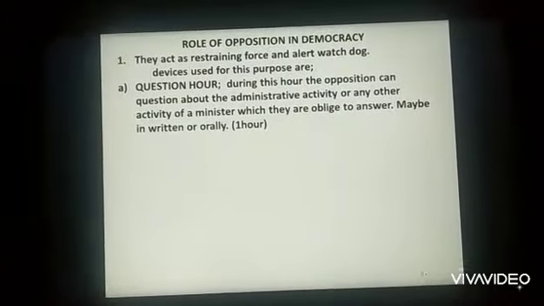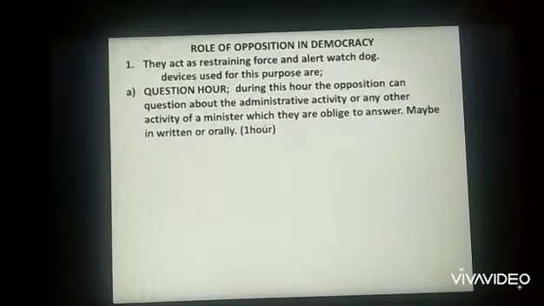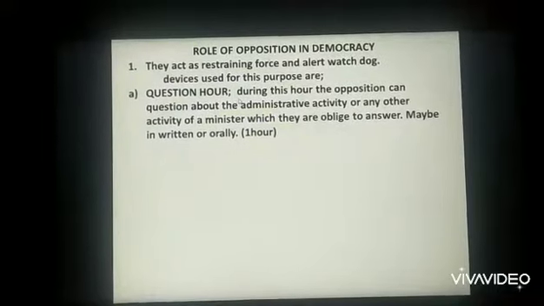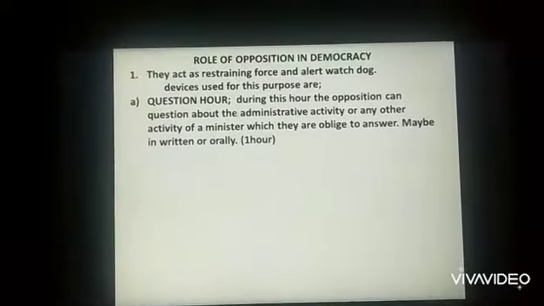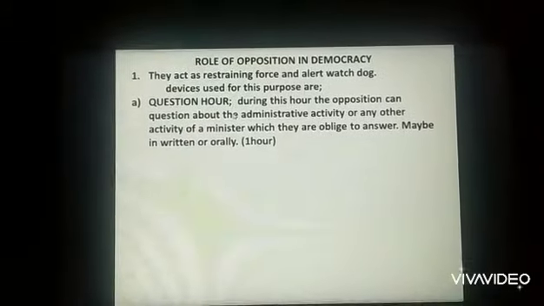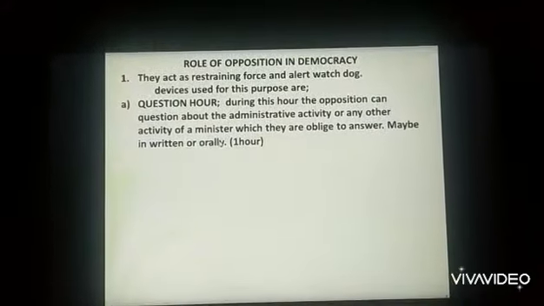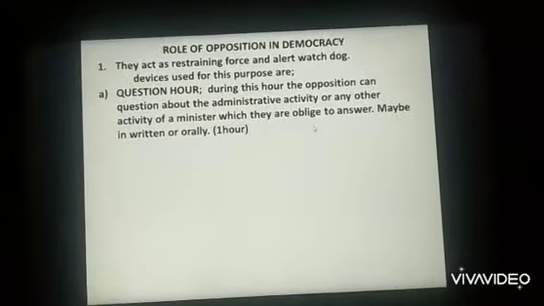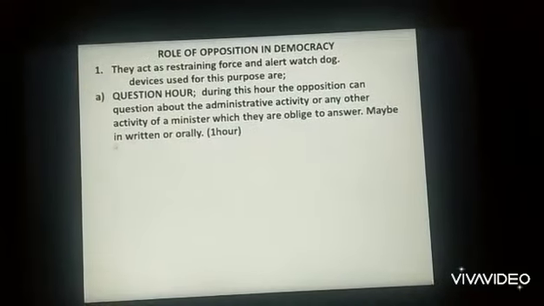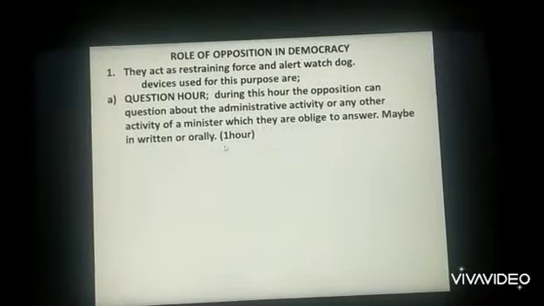Now here, question hour lasts only for 1 hour in the parliament session, and in this hour, the opposition party can put any kind of question to a particular minister about their functioning. They can ask the minister about administrative activities or any activities which matter to the public, and the minister has to answer either in written or oral form.